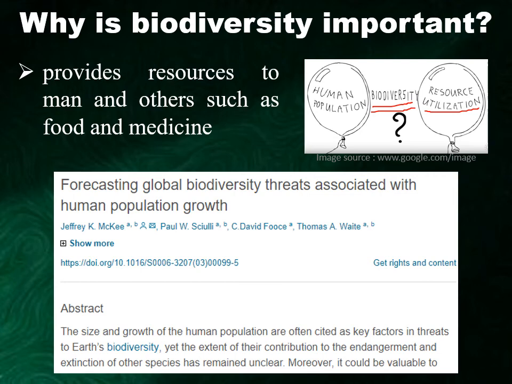And there are lots of scientific studies on this, such as this paper, published in a famous renowned journal, telling of forecasting global biodiversity threats associated with human population growth.